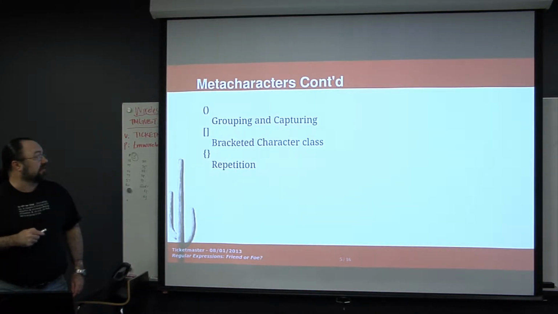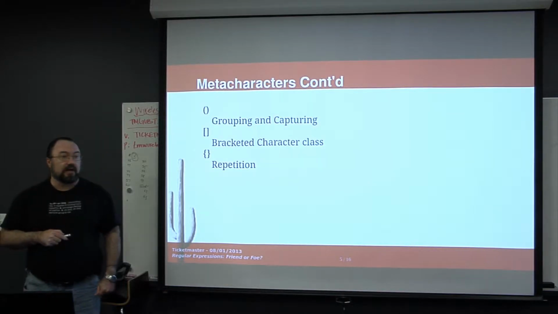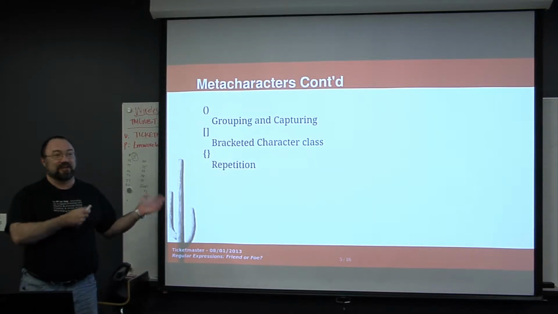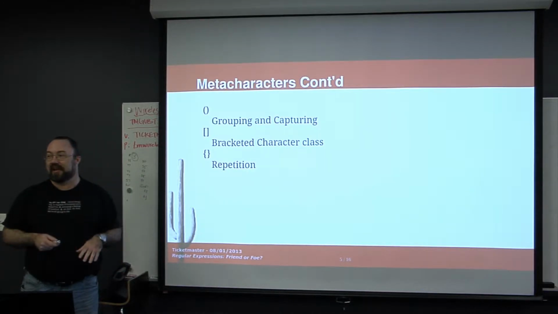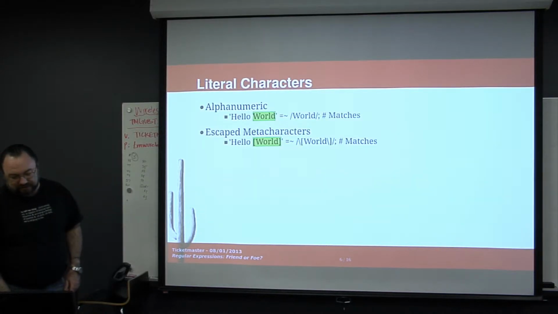Square brackets give you bracketed character classes, and the braces give you repetition. Any questions on any of those things so far? I know at this point it's just an information dump. I'm just going to give you a bunch of characters, but then hopefully towards the end we're going to start to put it together into something that's a little more coherent.